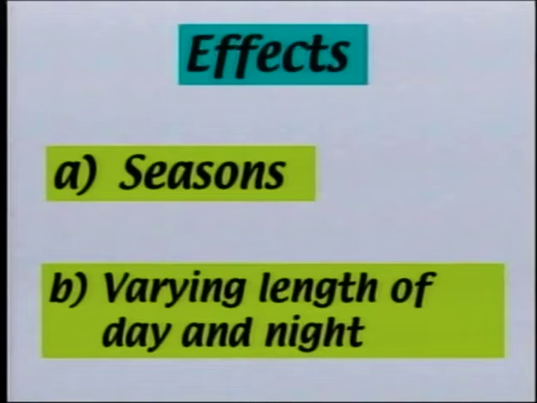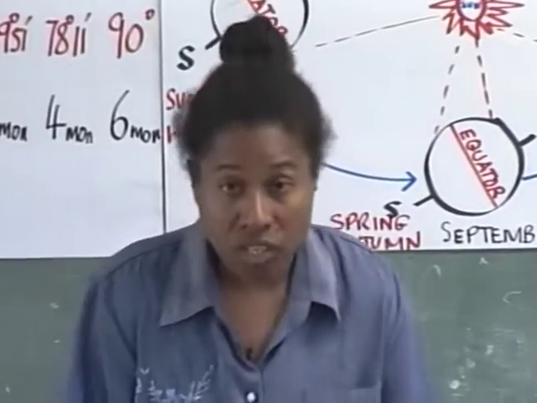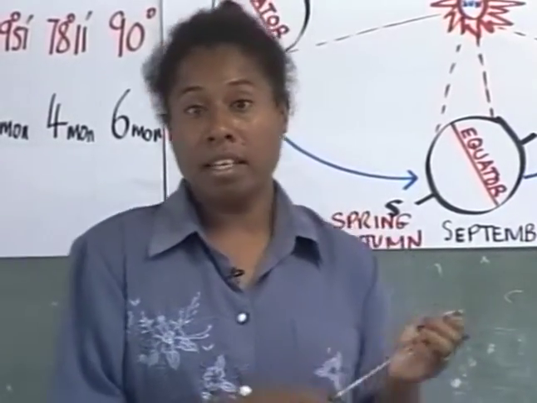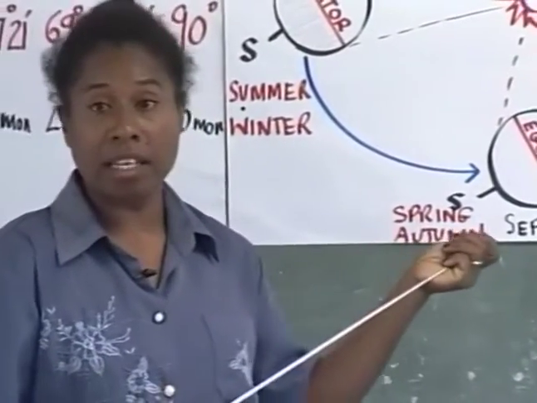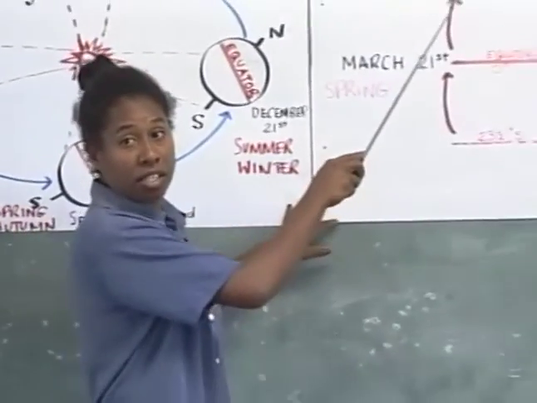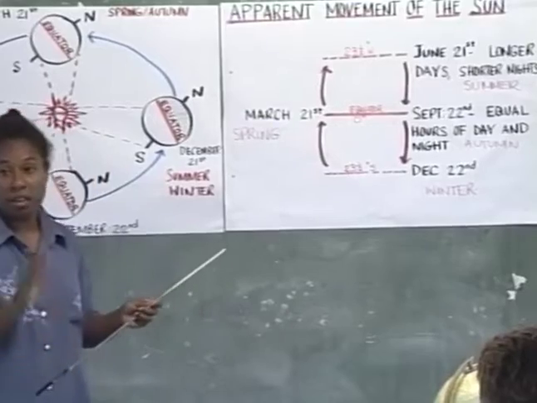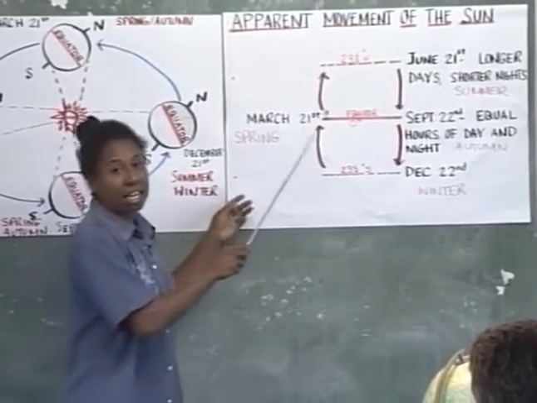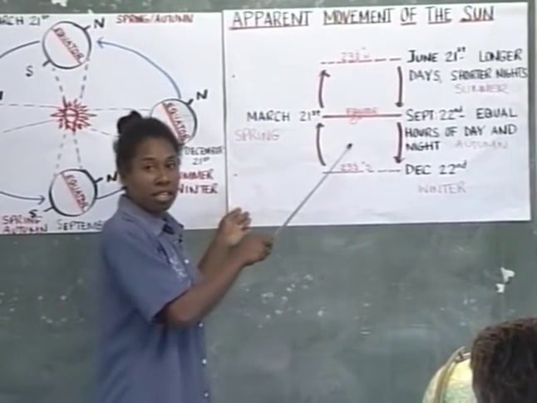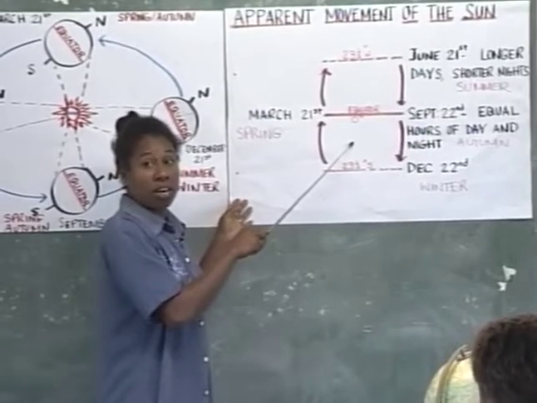Okay, looking at the explanation on the varying length of day and night, and the seasons. I had a chart in our last lesson, and I'd like us to look at the chart again so that we can recap on what we have covered. The title of this chart here is to do with the apparent movement of the sun. We know already that the sun does not move. It is the Earth and all the other planets which orbit or revolve around the sun.